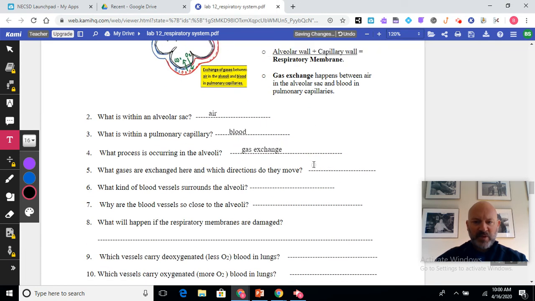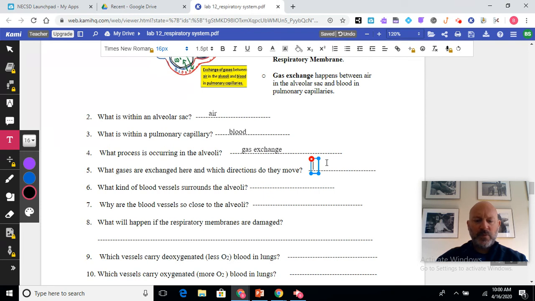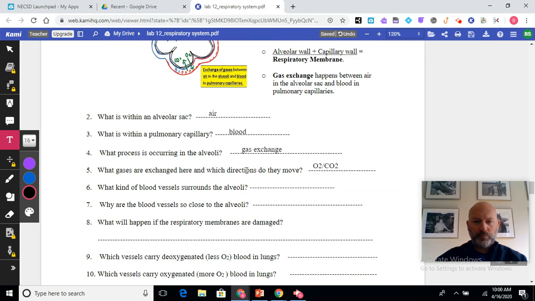What gases are being exchanged? Oxygen, carbon dioxide. Which directions are they going? Oxygen's entering the blood. Carbon dioxide's exiting the blood.